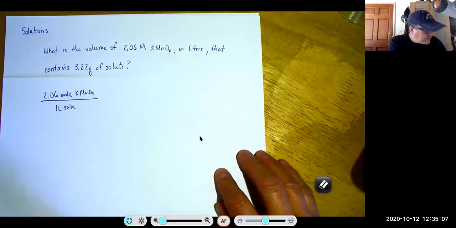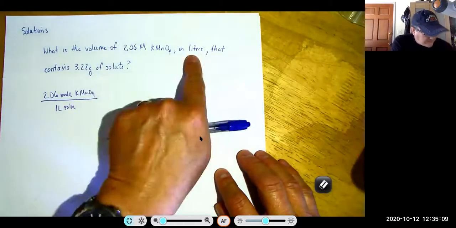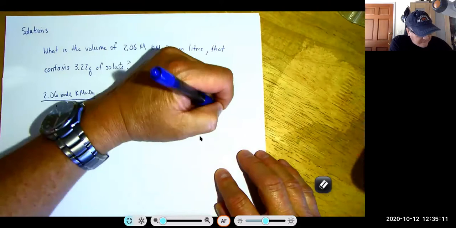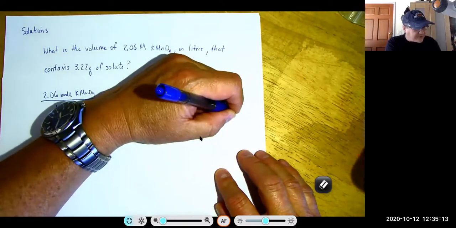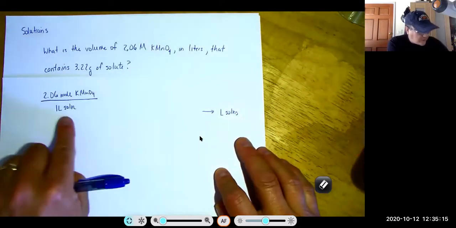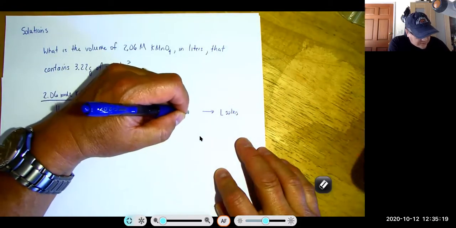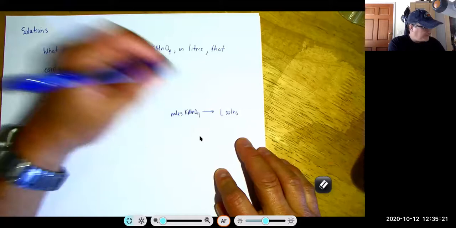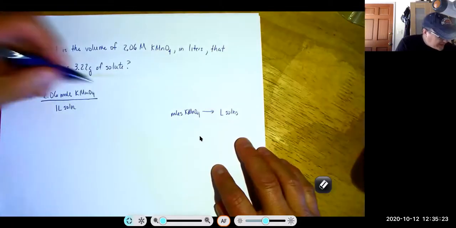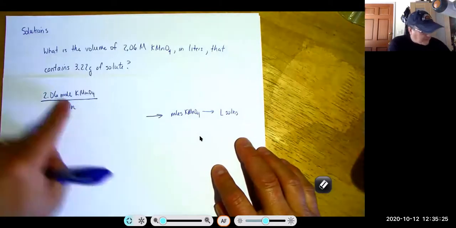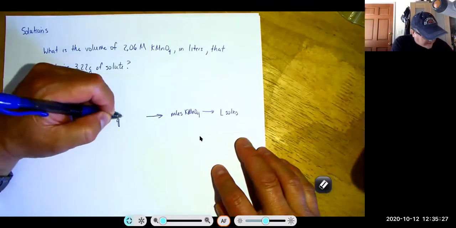And then here, I want liters of solution, which means I'd better figure out how many moles of KMnO4, which means I'd probably better start with grams of KMnO4.